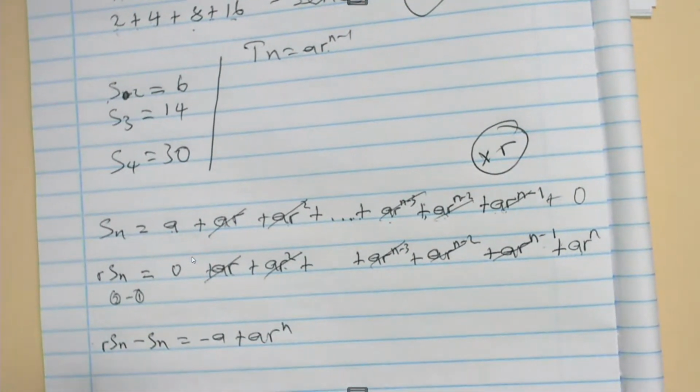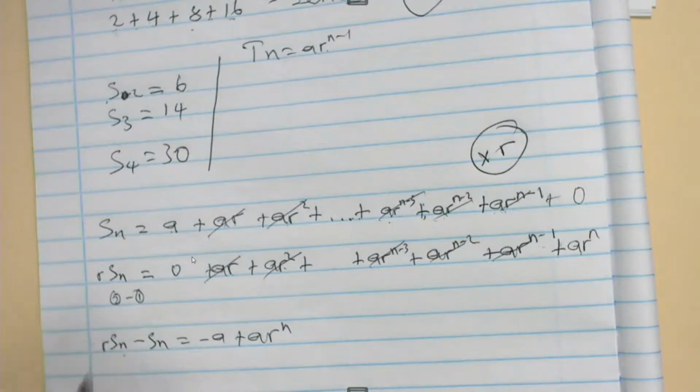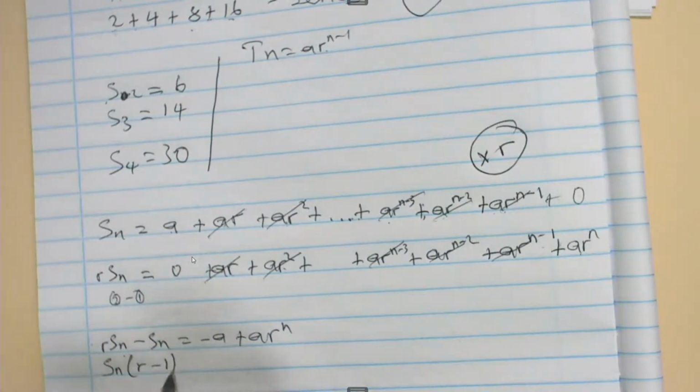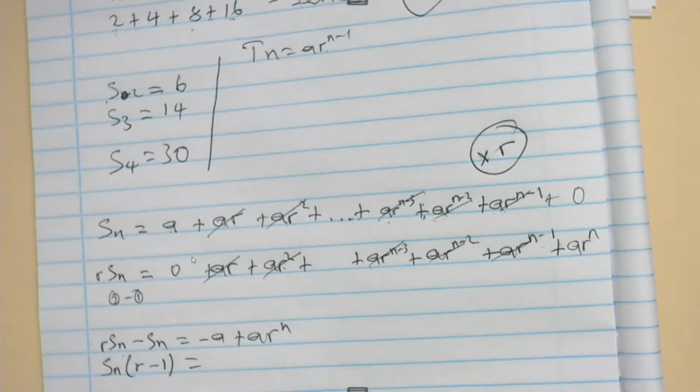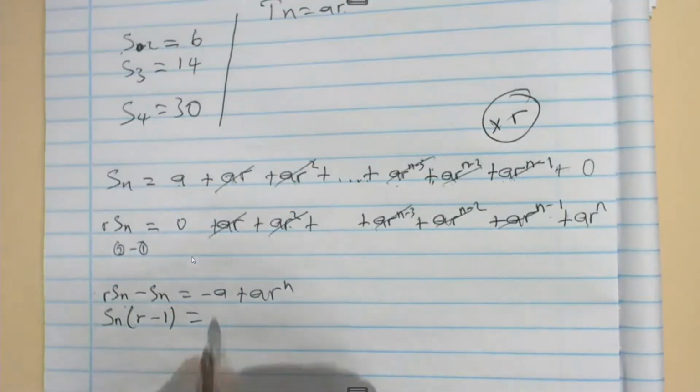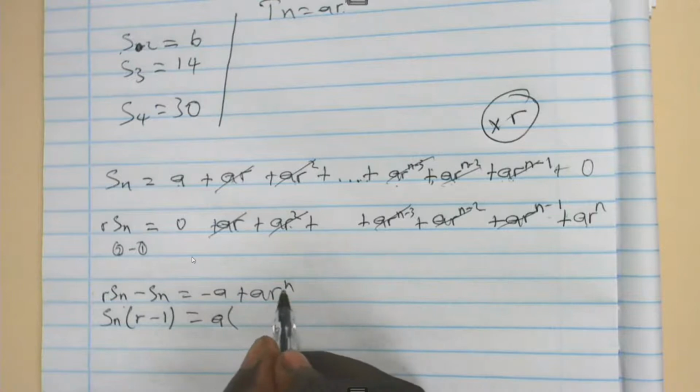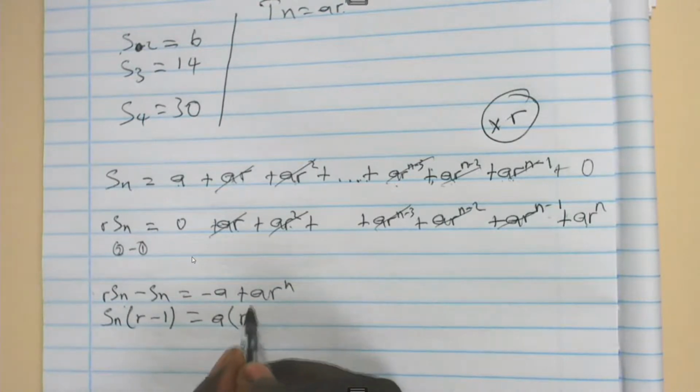And then there is a common factor this side, which is Sn. Take Sn out, we are left with r minus 1. This side, we can rewrite it, or we can take a out as the common factor as well. We can have a into r to the power of n.